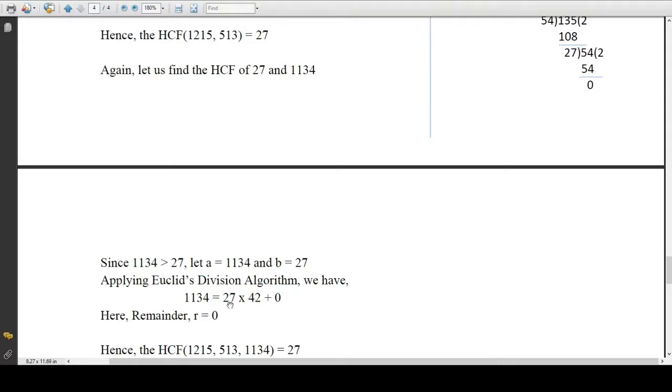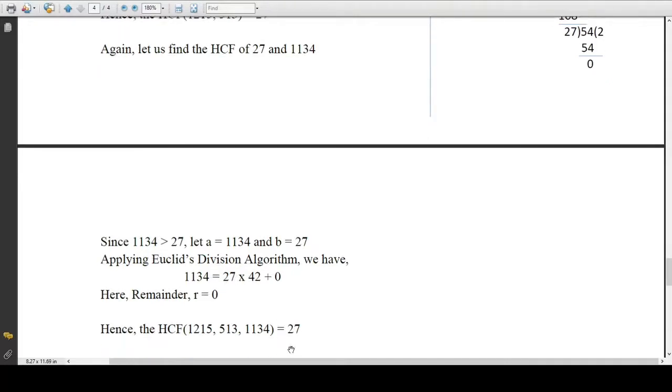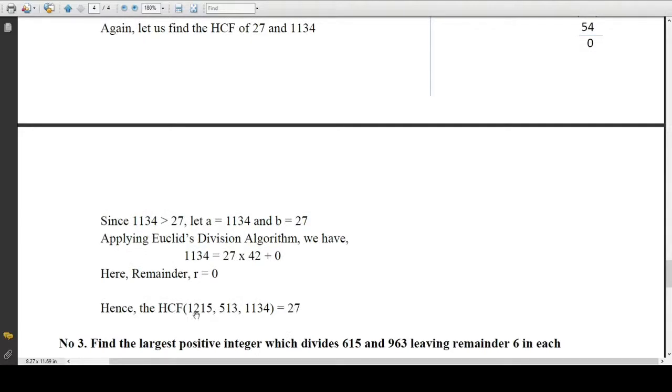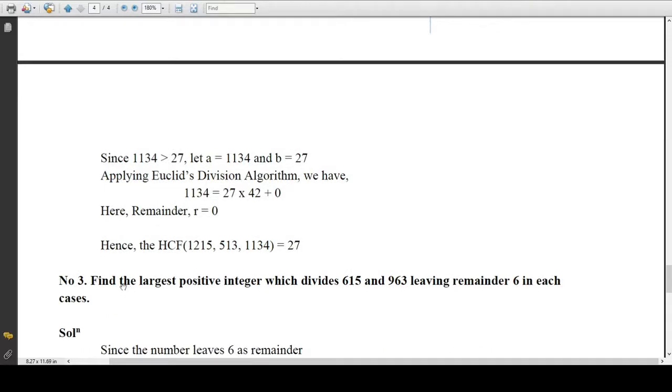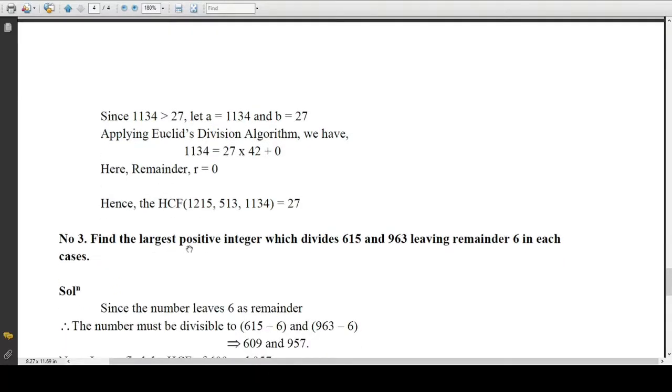Hence the HCF will be this last divisor, which is 27. That is 27 will be the HCF of 1215, 513 and 1134. Okay. The third problem from here: find the largest positive integer which divides 615 and 963, leaving 6 remainder in each case.